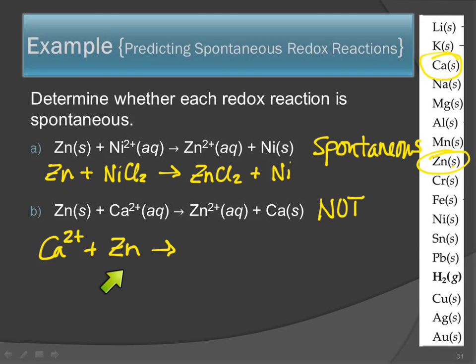You look at the metal. So this is the guy by himself. Here, this guy already has the girl. He's in a relationship, okay? And because zinc is not as macho as calcium, he can't take the girl away from calcium. And so he's just left by himself. Nothing happens.